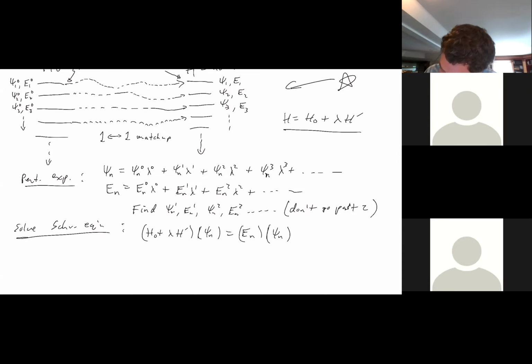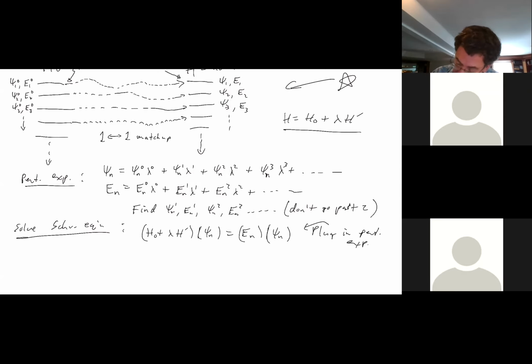That's the Schrödinger equation. But now what we do is we plug in these perturbation expansions into this.